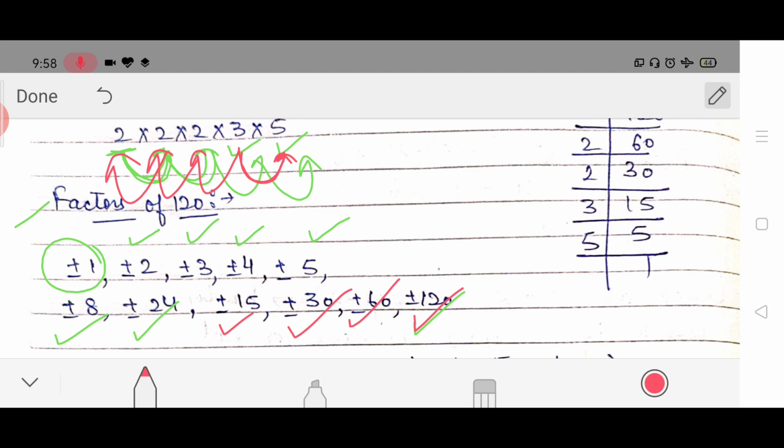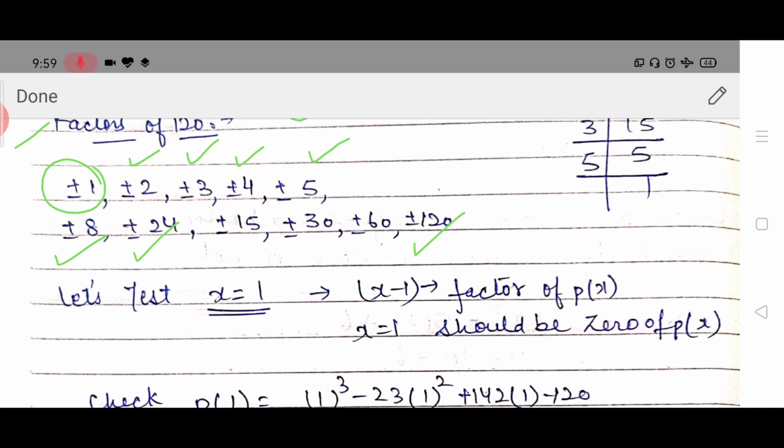So this is the basic combination of all the factors. Apart from these factors there is no other factor of 120. So now we have to check one by one the value of the polynomial at these possible factors of 120. So let us start testing.